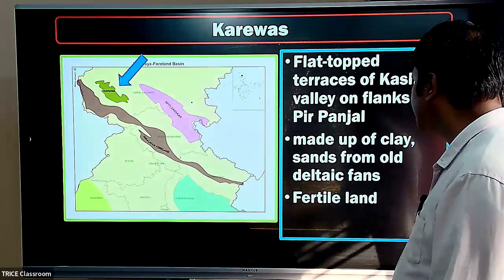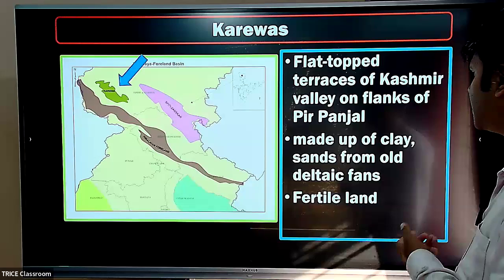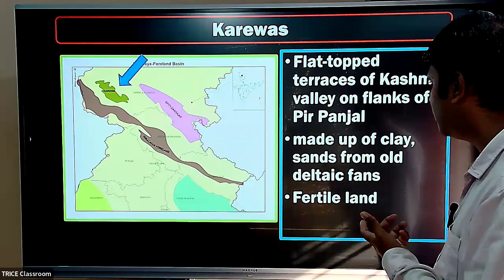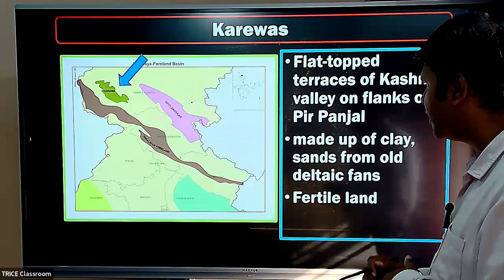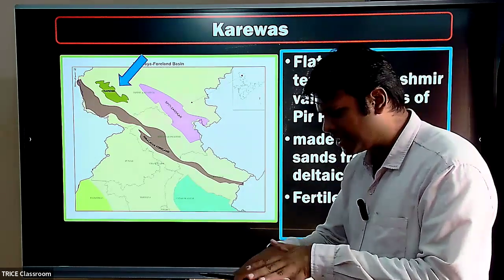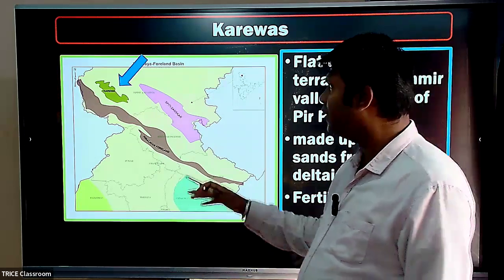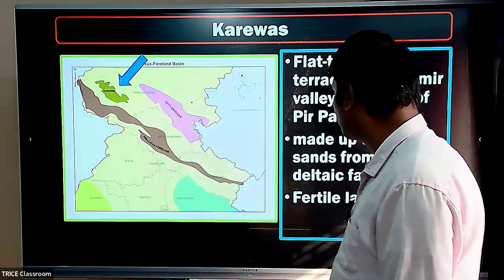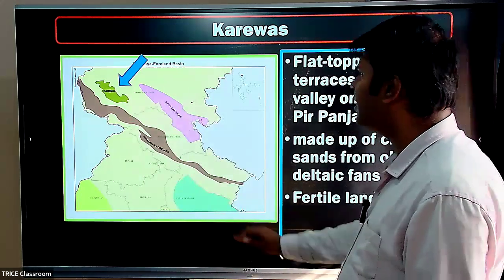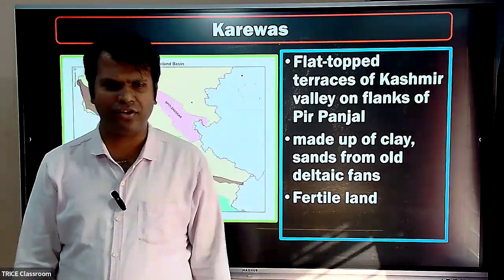So here there is sand. This sand is made up of clay, right? The sand which has some alluvial deposits. Basically, when a river is flowing, it starts depositing in multiple regions. We call them fans, alluvial fans. So you find such alluvial fans located here along with clay. Very, very fertile region. Karewas are very important for cultivation of saffron.